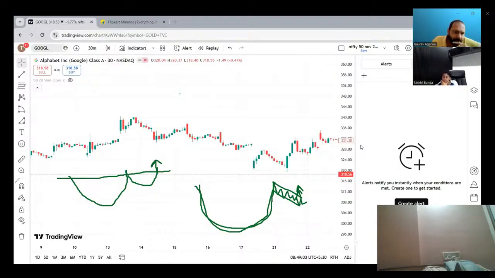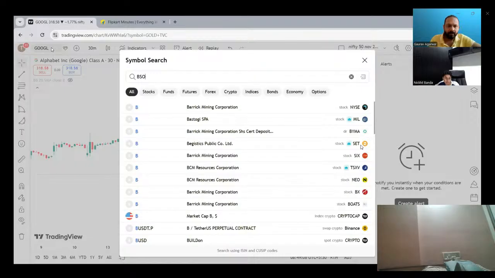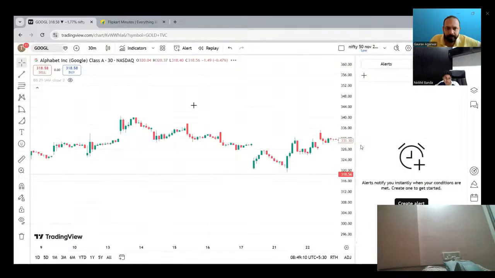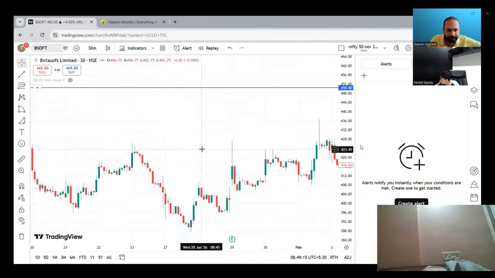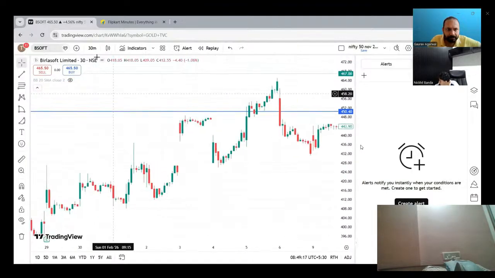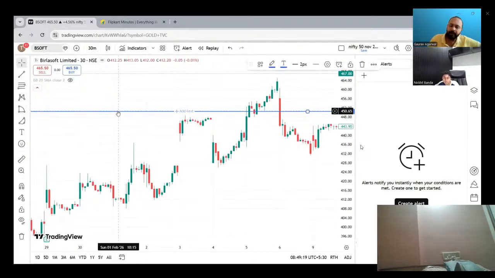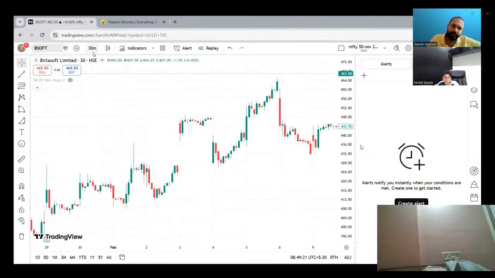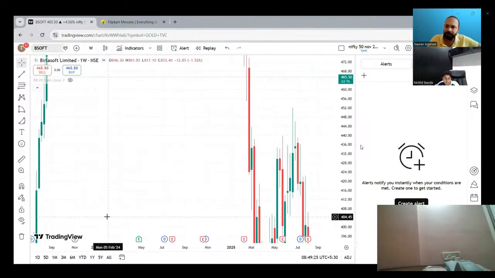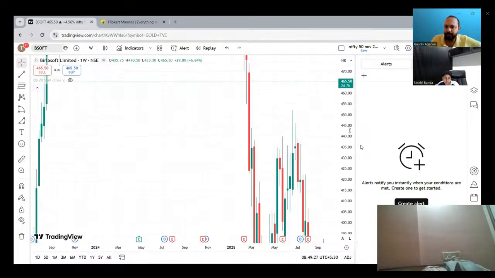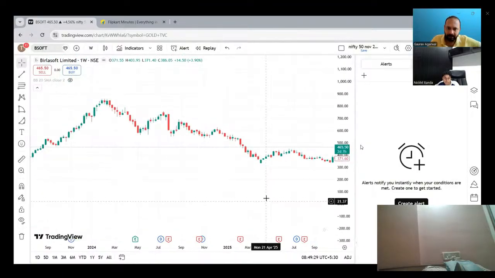I'll show you on the chart and it should be clear. But it depends on what time frame you are choosing. If you choose a higher time frame, then mostly it will be successful, but if you choose 5 minutes, 10 minutes, 15 minutes, then it may fail.